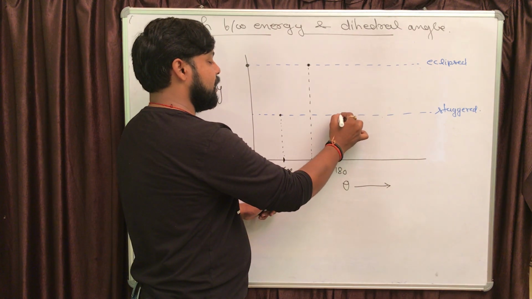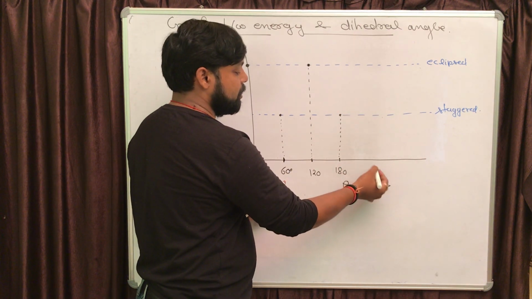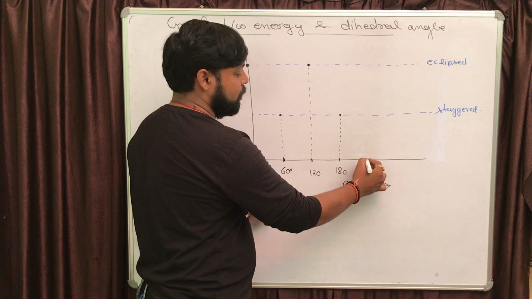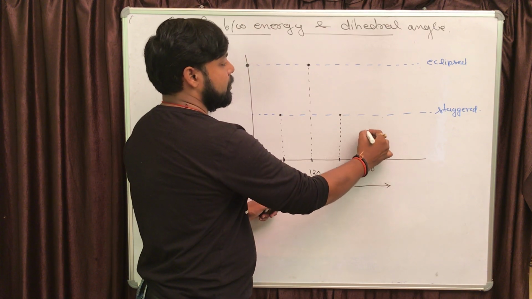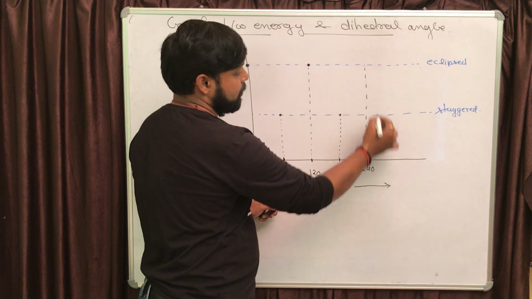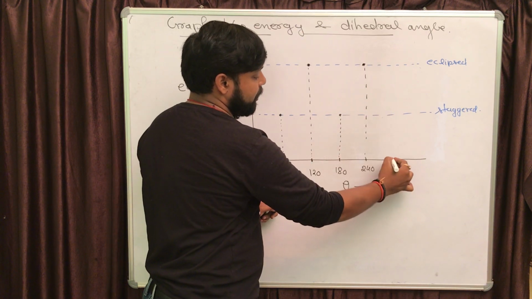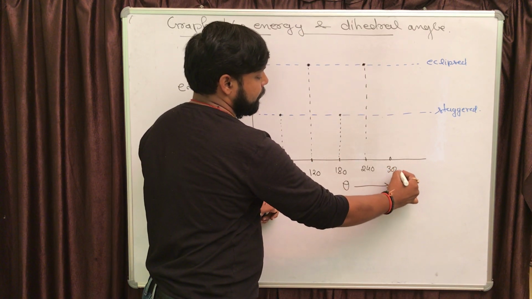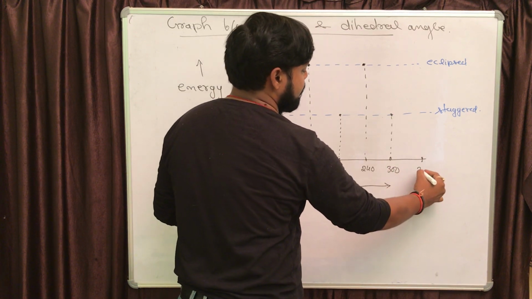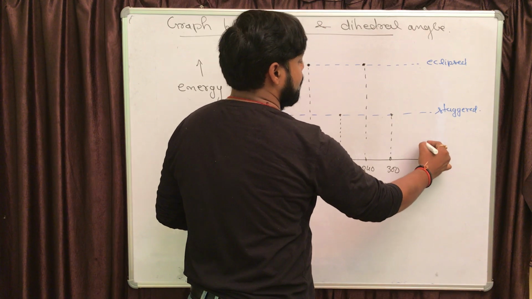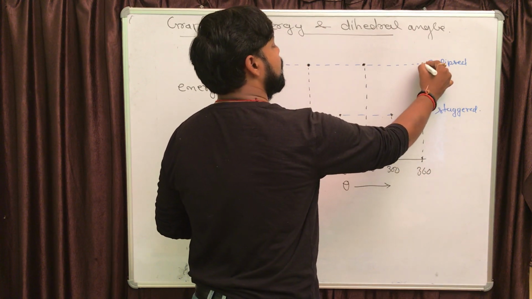You are going to get staggered. Alternatively it is staggered, eclipsed, and so on. At 240 it is eclipsed. Next, at 300 it is again staggered, and at 360 you are going to get eclipsed.